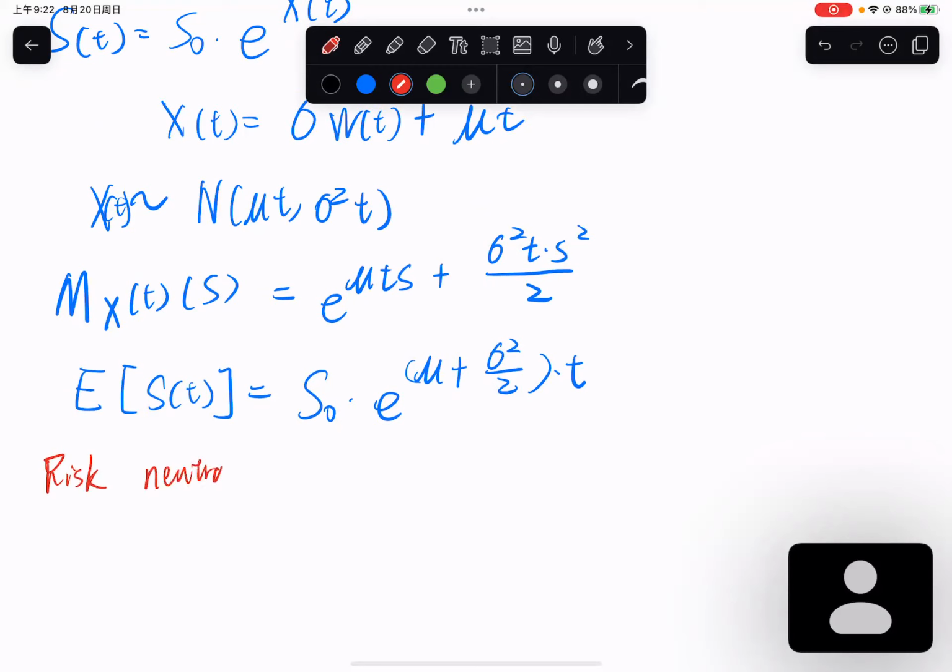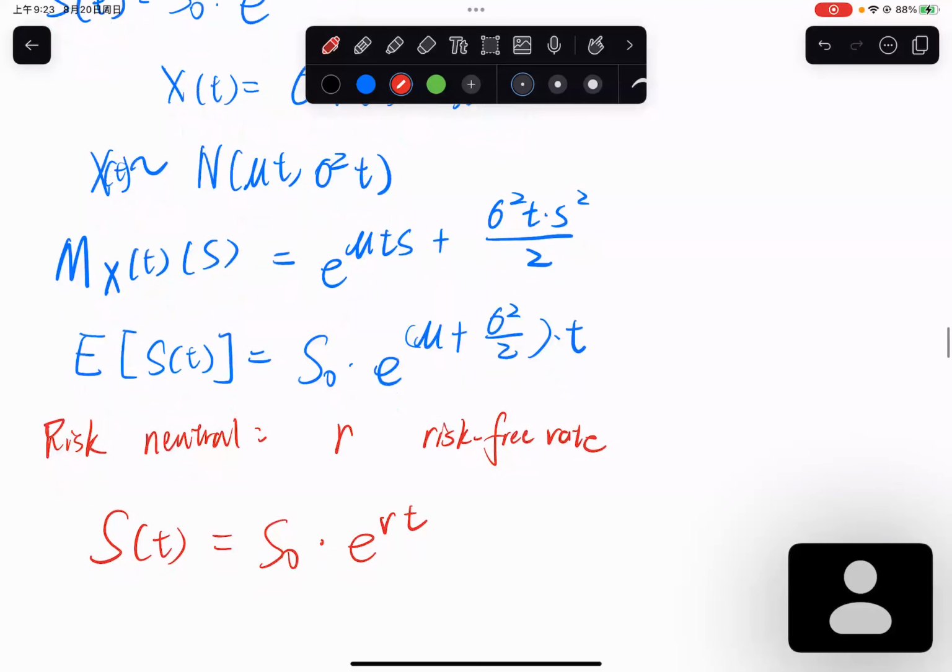Risk neutral means we cannot earn extra profit or premium without taking more risk, which is if we have the risk-free rate r, then ST should just be S0 multiplied by e to the rT.